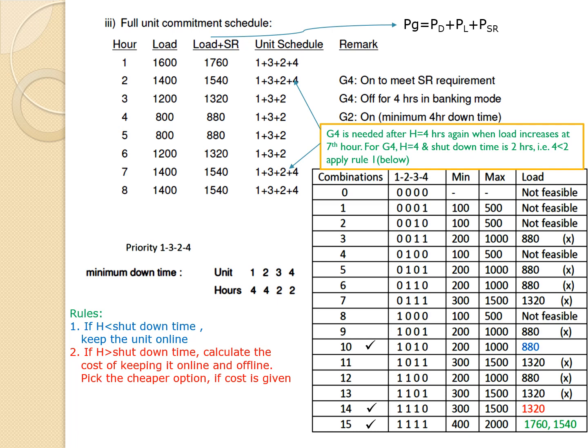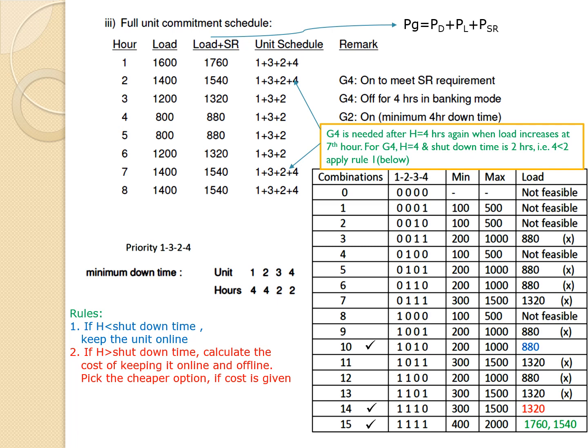That gives 1760. This is the total load which has to be met at hour 1, and to meet 1760 we need all 4 units to be kept online.